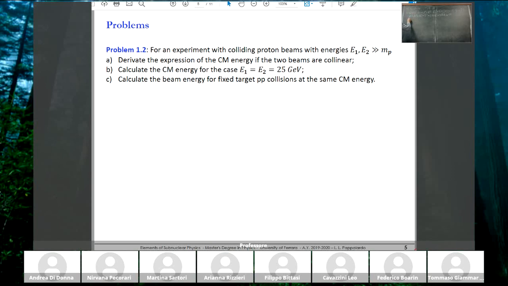Now we realize that these are the masses squared, so mass of particle 1 squared plus mass of particle 2 squared plus twice p1 p2. And now we remember from the text that the two beams are collinear. Collinear means that one comes in this way and the other comes in the opposite way. And that means that the angle theta is equal to pi, and so the cos theta is just -1. And so this we can just write as plus twice p1 p2.